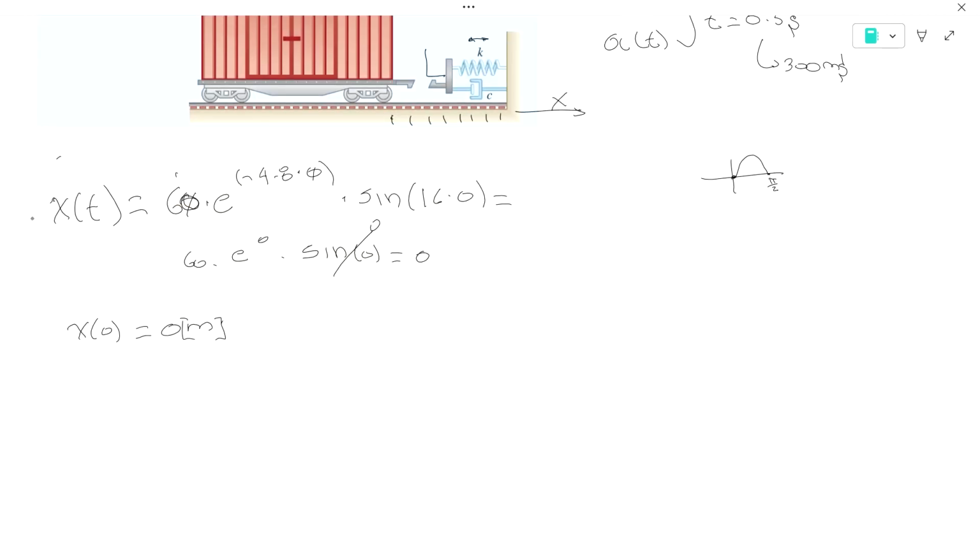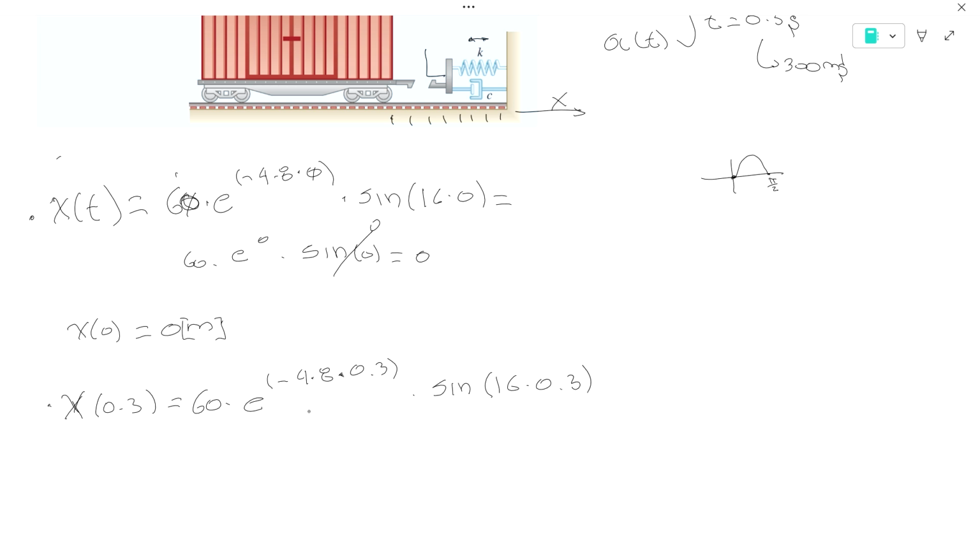Now the next point will be for x at 0.3 seconds. This is equal to 60 times e to the negative 4.8 times 0.3, all this multiplied times sine of 16 times 0.3.